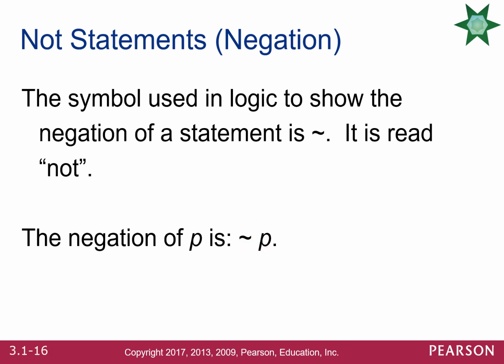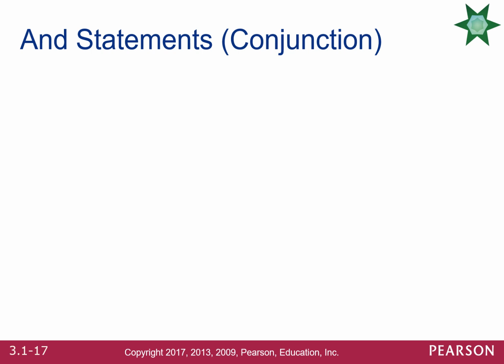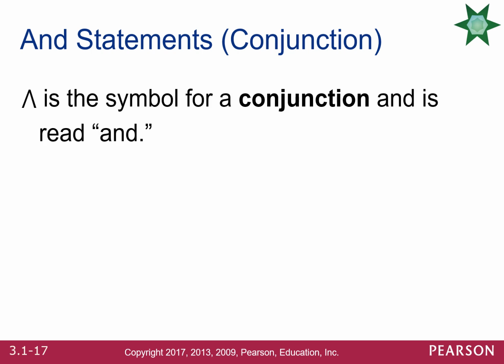All right. The other symbol from symbolic logic is used to connect and statements. The symbol for that is this downturned V, also called the hat symbol, and that's the symbol used for a conjunction, and it is read as and.